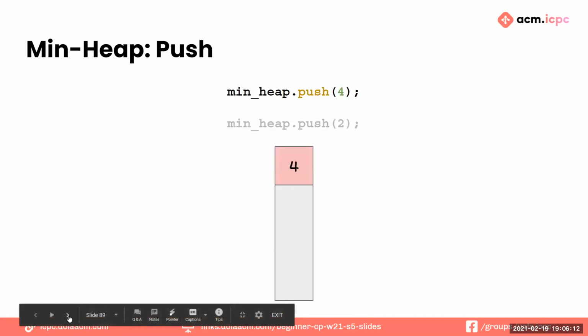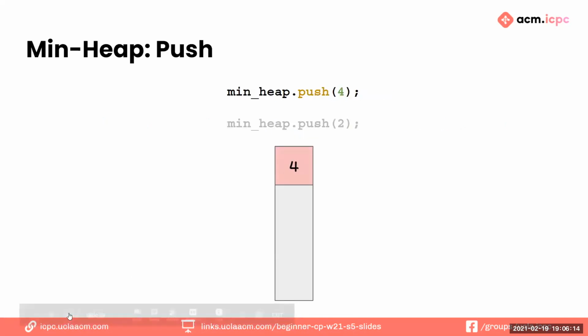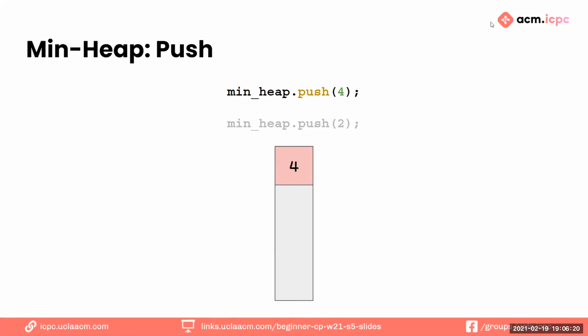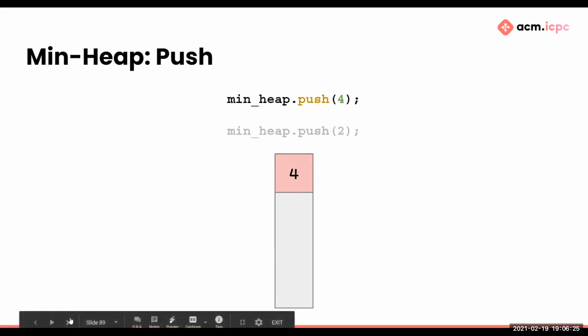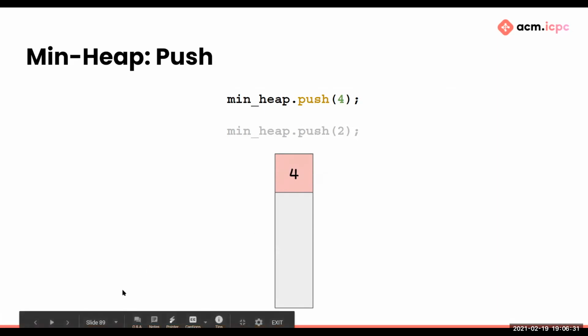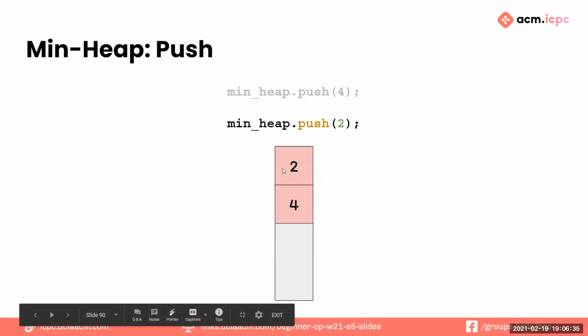Let's start pushing into our min heap. If we push in 4, then we have 4 inside of our min heap. If we push in 2, 2 is going to have more priority than 4, so 2 will be on top.